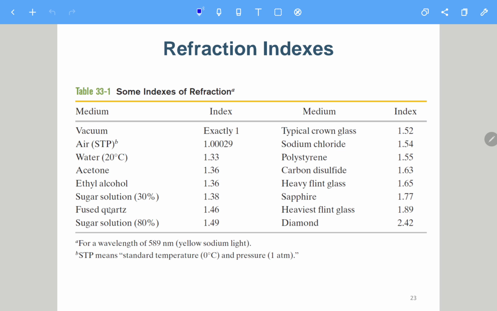Then sodium chloride, 1.5, and then glass, typical crown glass, 1.5. Sugar solution is also about 1.49.